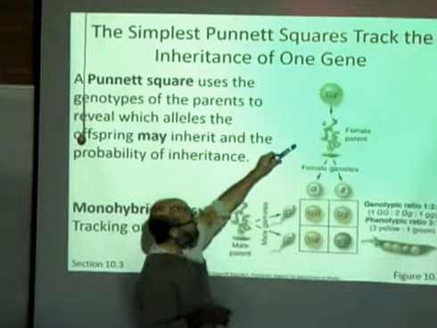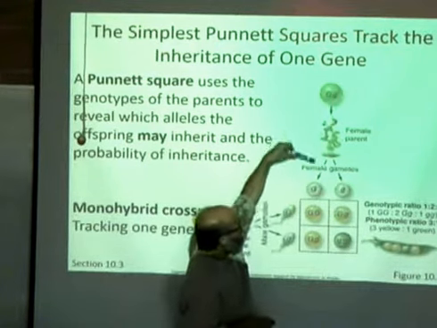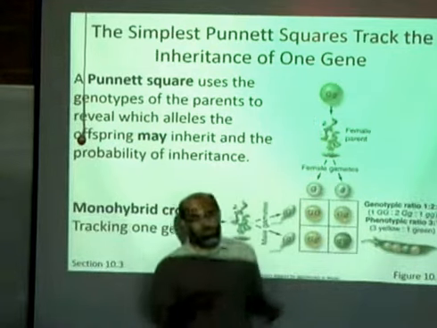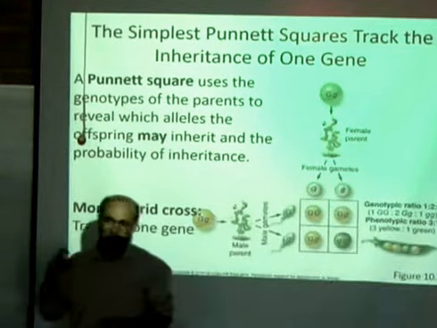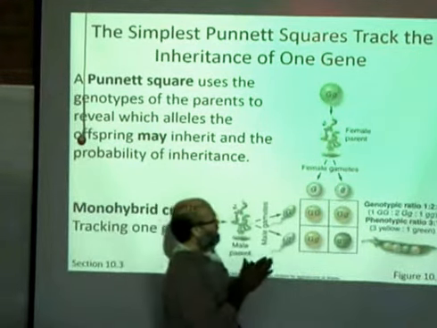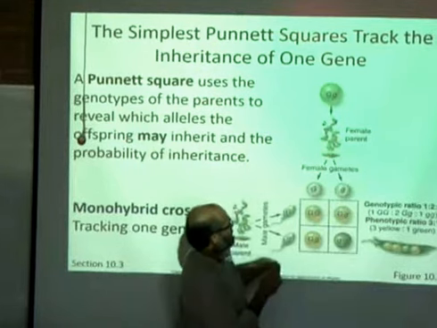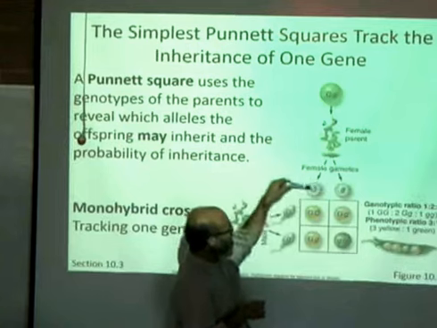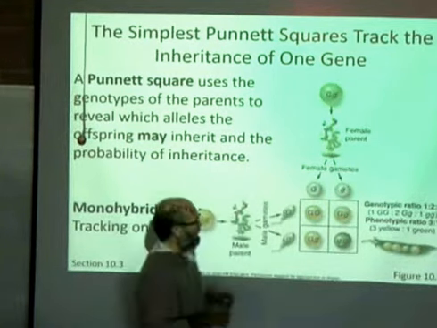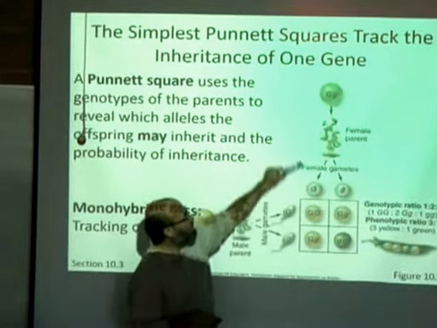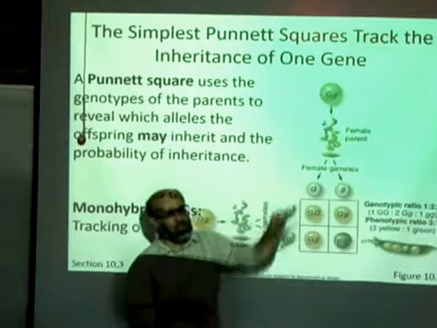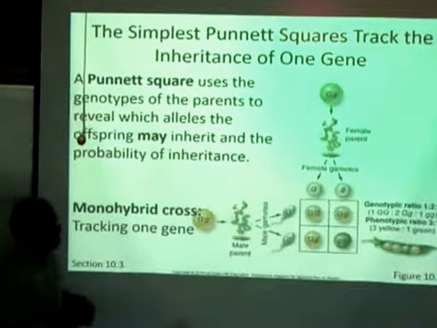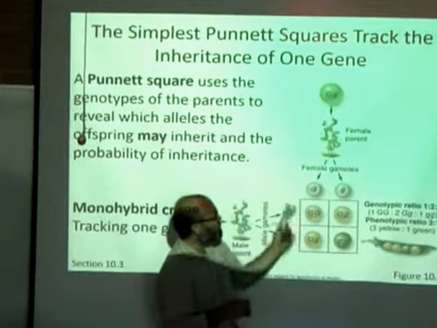In the case of females too, when they produce egg cells, the egg cells can have only one of these two, because the number of chromosomes is halved, and that halving event that takes place during meiosis results in these different types of egg cells, and each egg cell can have only one of the two alleles that are present in the parent. The mother can have only one of these two.